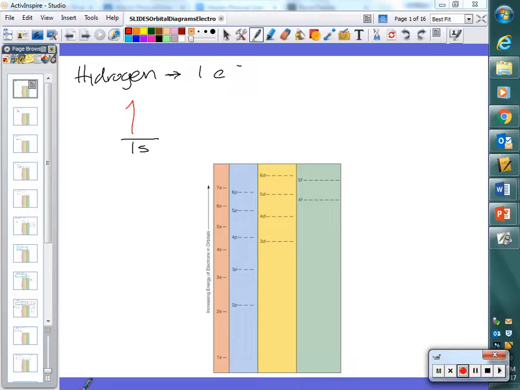So, when we look at this diagram that shows us all the different orbitals and all the different energies, when we come across situations like this, where we have multiple orbitals of the same energy, we have to distribute those electrons evenly among them. Okay? Good there. All right.